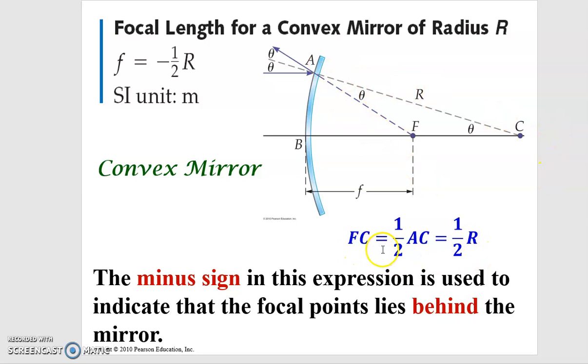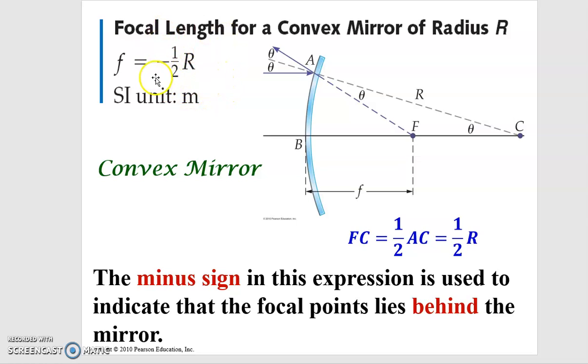FC is just 1/2 of the radius, and FC is also the same as the focal length. So therefore we can determine that the focal length is just 1/2 of the radius of curvature.